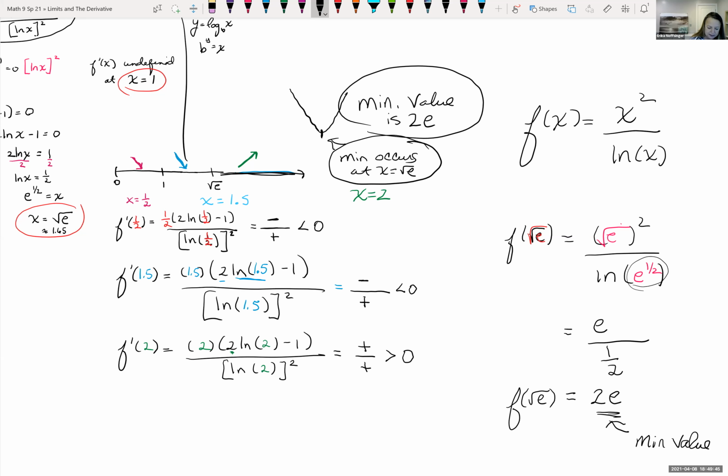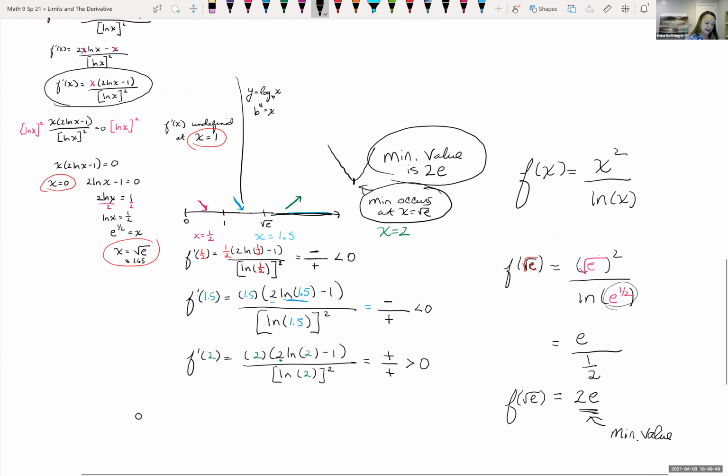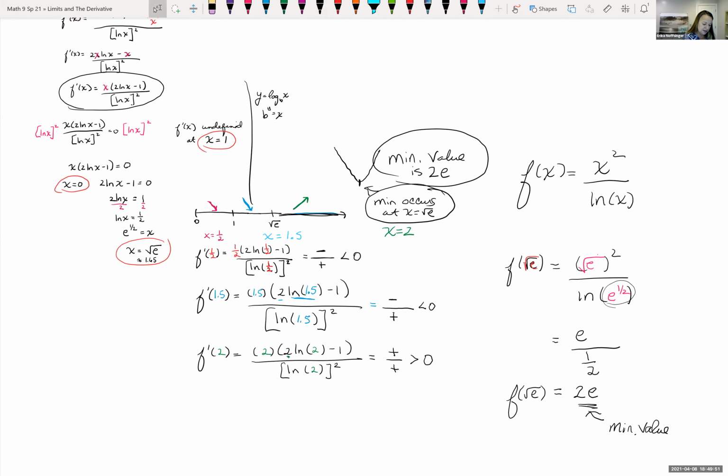So here's the case. If I was asked to put down where it was increasing and decreasing, here's the case where I would not put in 1 because this was where it was undefined.